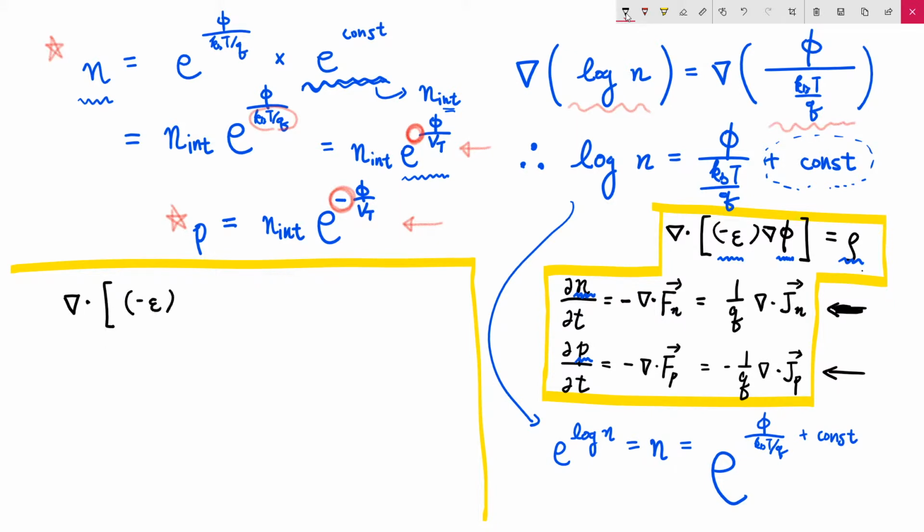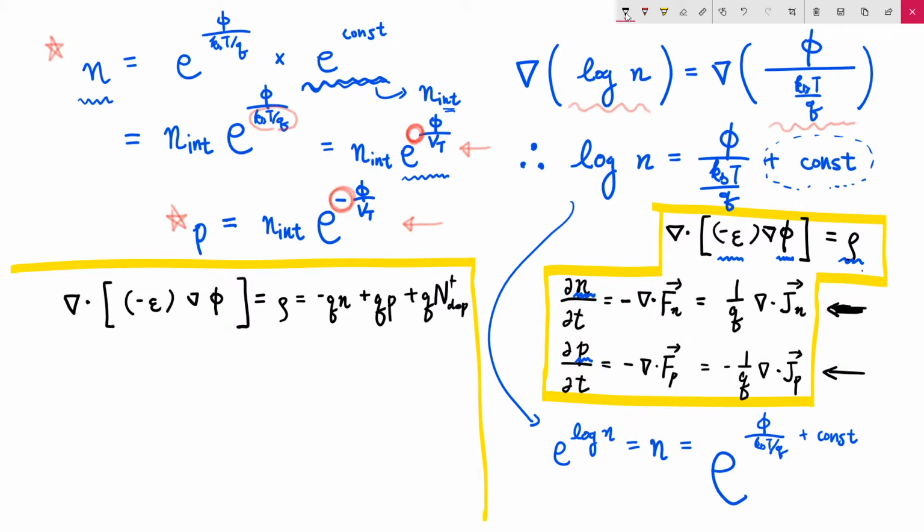Minus epsilon times the Laplacian of phi equals, once again, rho, and rho can be minus qn plus qp plus q times the doping, whatever.